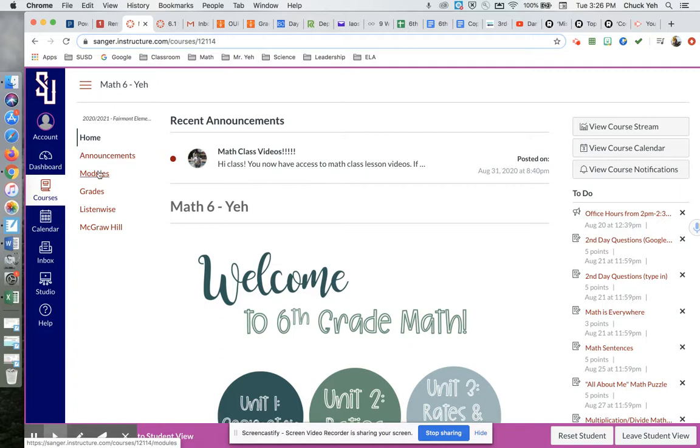But again, it's under modules and scroll all the way down and look for the day of the lesson you missed. And then modules is also where you can find your student task statements and everything. You can find your practice problems there too in modules. And then also grades. Take a look at it after you're done with the assignment. Go to grades, click on one of the assignments that you submitted, and check to see what comments I wrote. All right. Make sure you get in the habit of doing that.